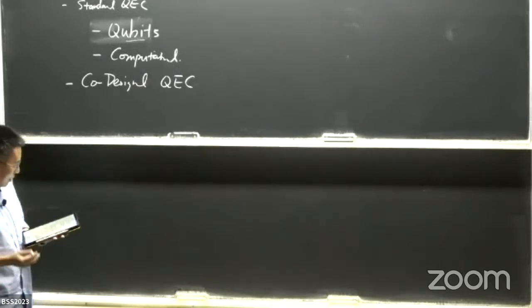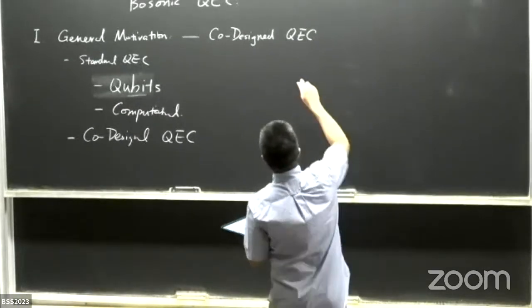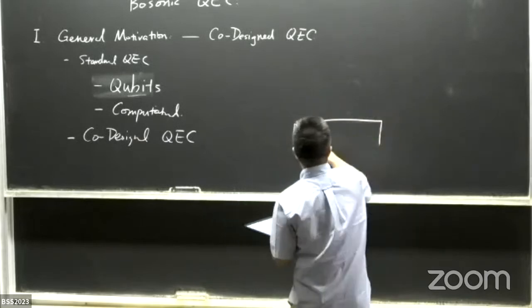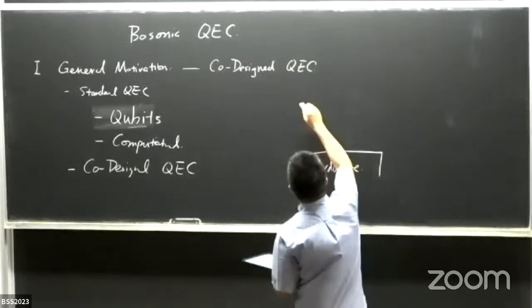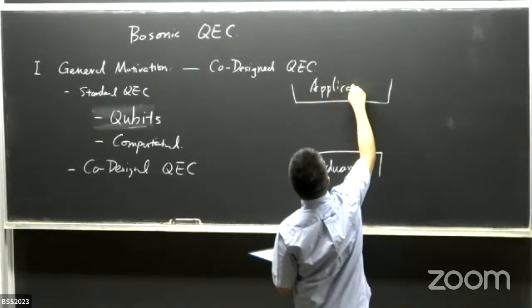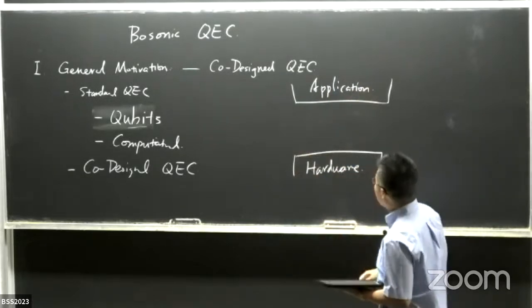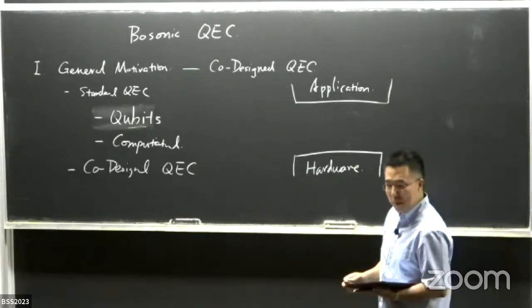My understanding is the following: we have a physical hardware, and we also have an application. We want to use our physical systems to solve some practically relevant problems.